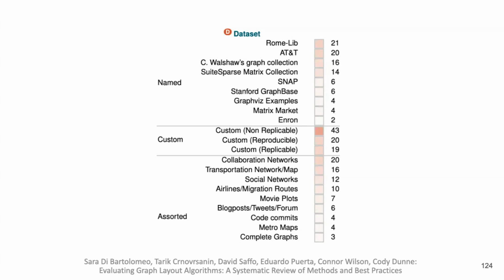RomeLib is one of these, for example. It is 11,000 graphs. They go from 10 to 110 nodes. They are very simple. They do not have anything in particular associated to them, but they allow you to very, very easily push many runs on them and then produce a graph where nodes change from 10 to 110. How much time does my thing take?